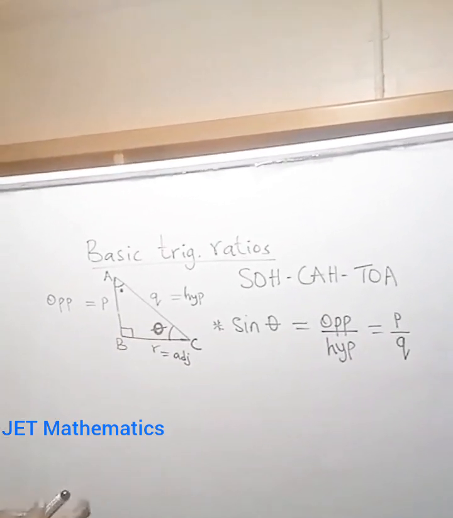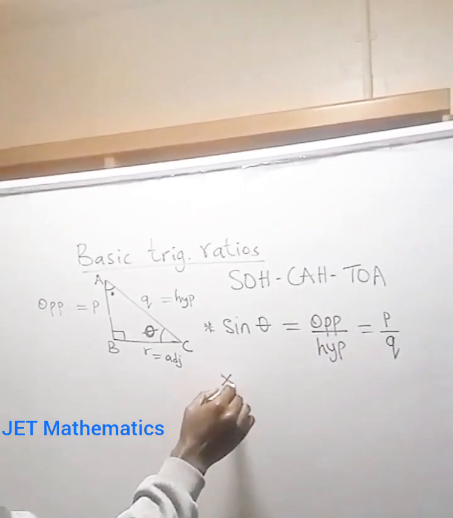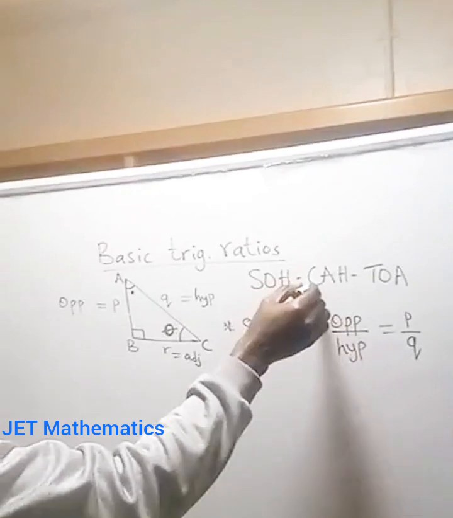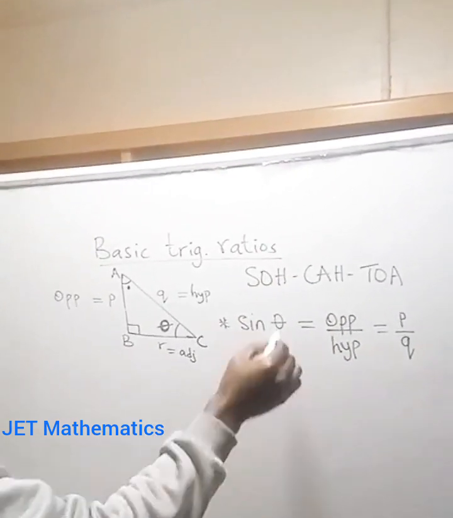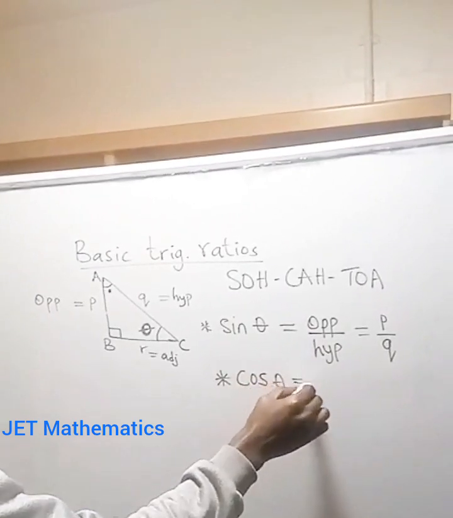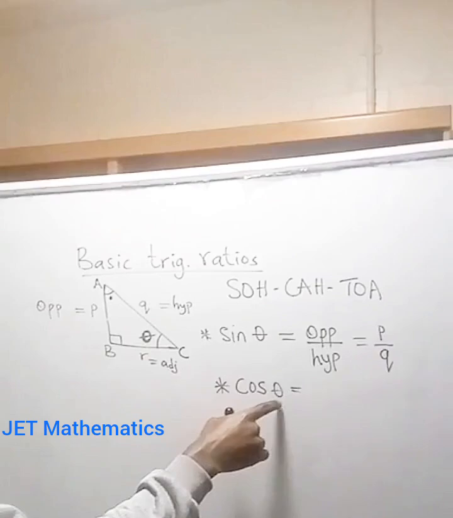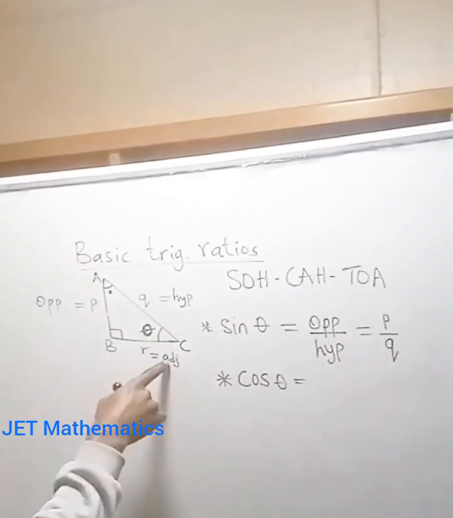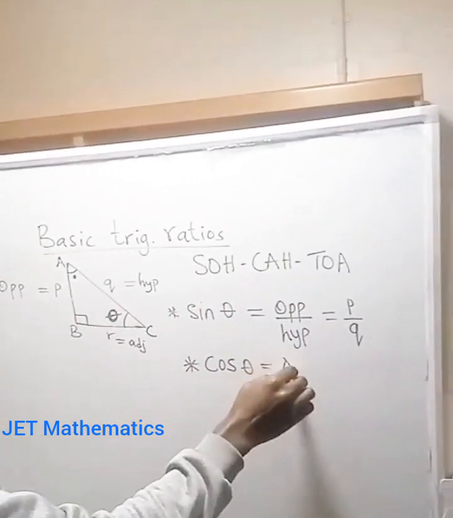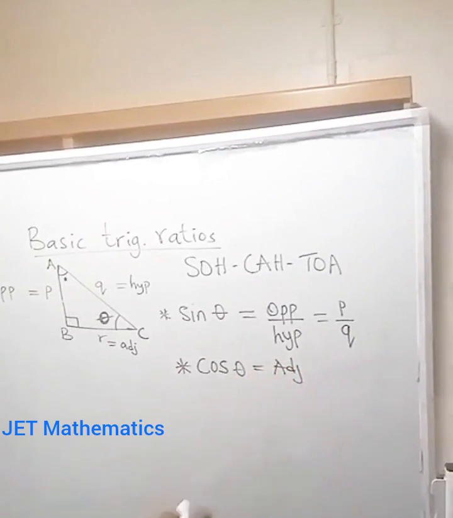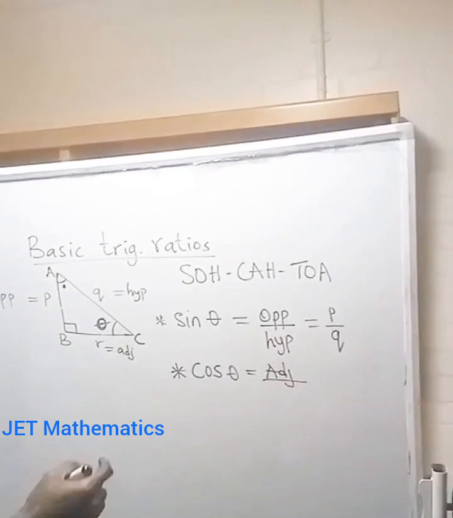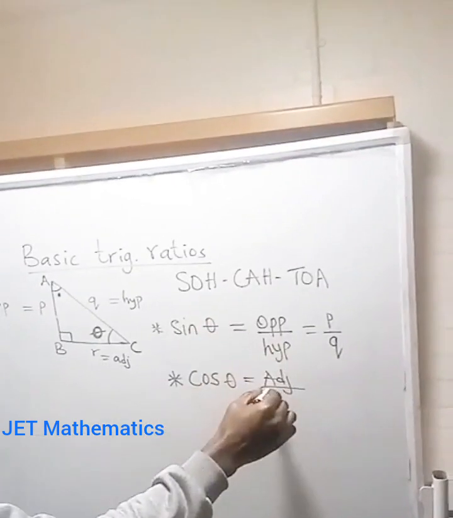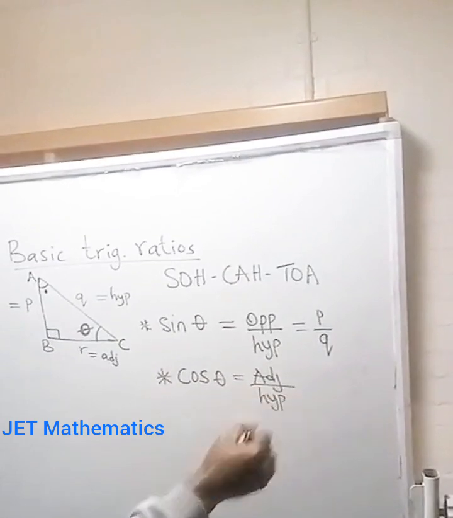Now the next thing we will look at is the cosine. We write it cos theta. C here is cos theta. A here represents adjacent over H, which also represents hypotenuse.